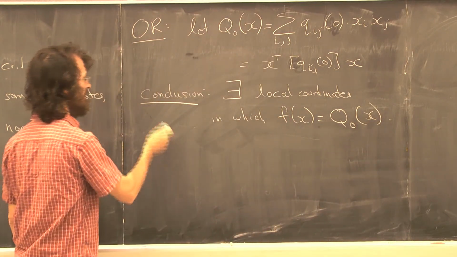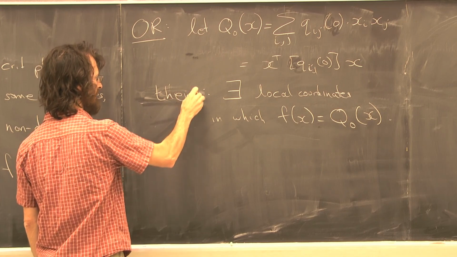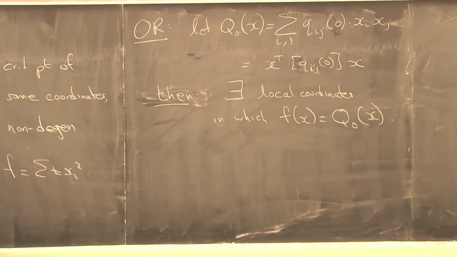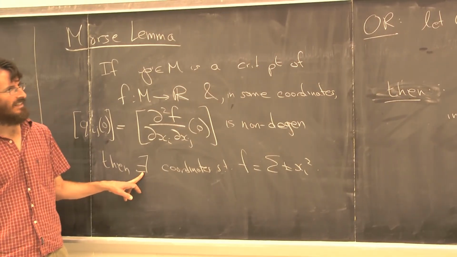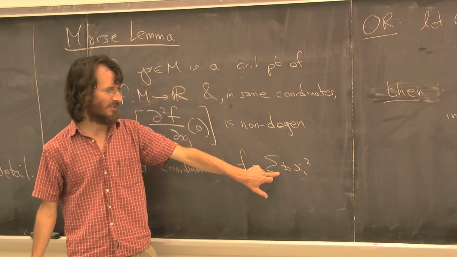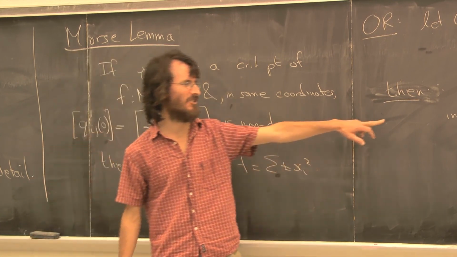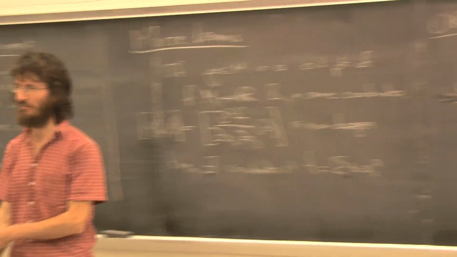So that's an equivalent statement. So why is this equivalent to this? Well, that may seem weaker, because saying it's a sum of plus or minus x_i squared seems much stronger than saying it's just equal to that particular quadratic form.